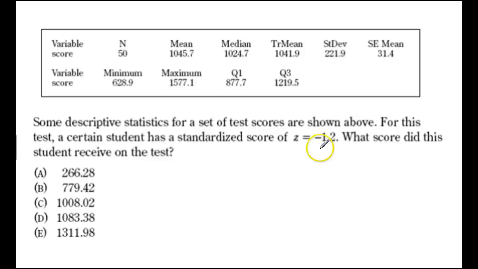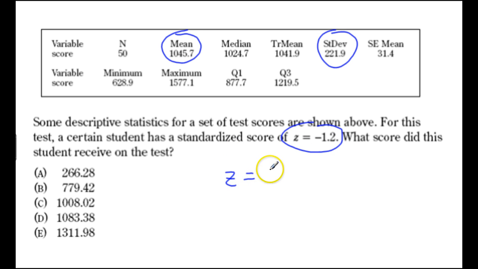Let's say we have a Z-score of negative 1.2 and we want to figure out what score the student received on the test. So we have kind of weird information, and we have the mean up here, we have the standard deviation, and we have the Z-score. Well, if you have all three of those mathematically, you've got enough to solve, because you basically say, well, Z equals X minus the mean over standard deviation, right?